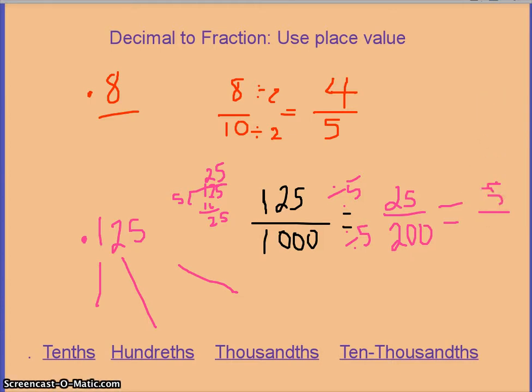Let me erase that. Okay. 25 divided by 5 is 5. 200 divided by 5 would be 40. So we can still simplify yet again. 5 divided by 5 would be 1, and 40 divided by 5 would be 8.